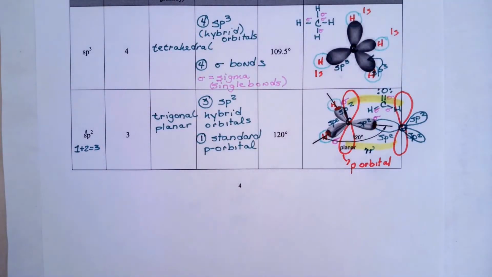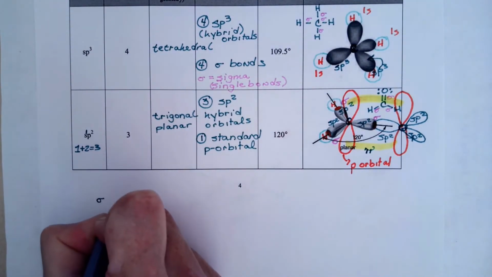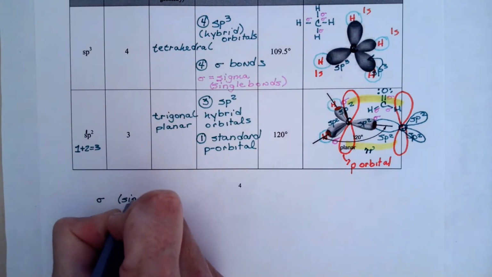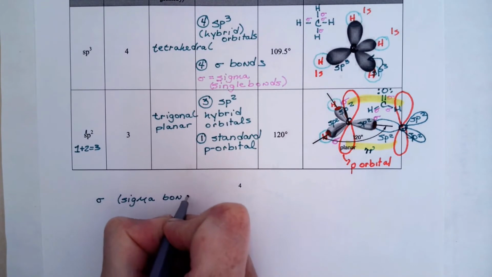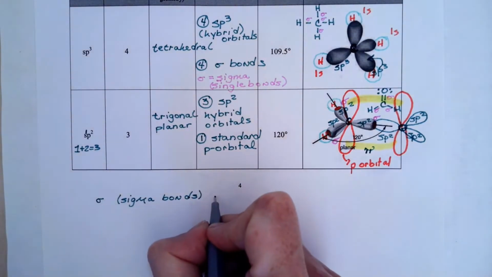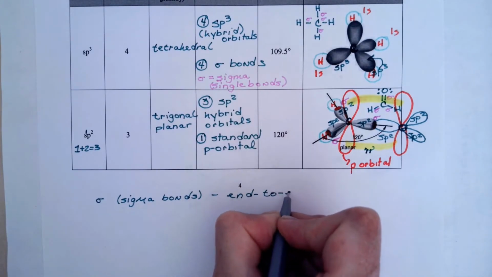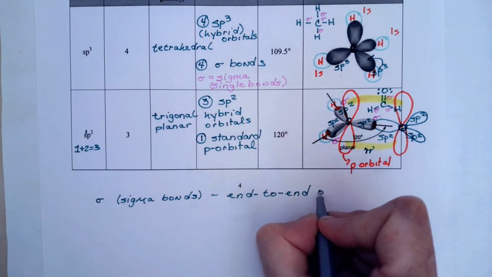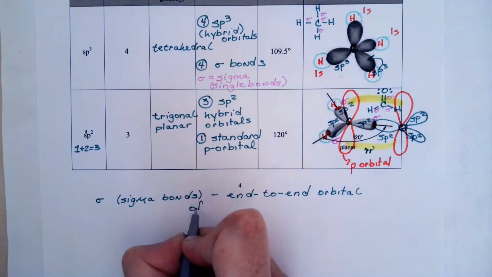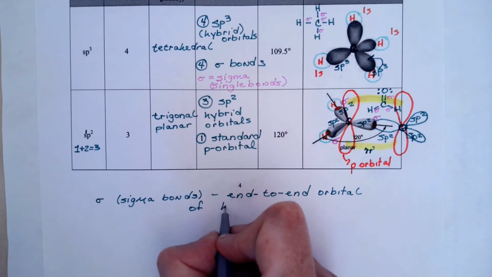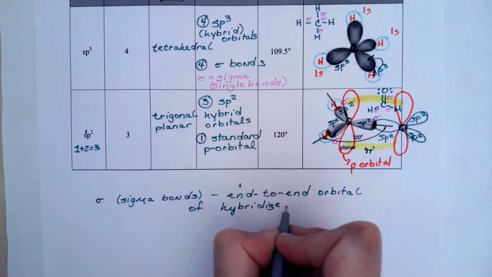To summarize a little bit, we have sigma bonds, which occur when we have end-to-end overlap, and it's usually between hybridized orbitals.